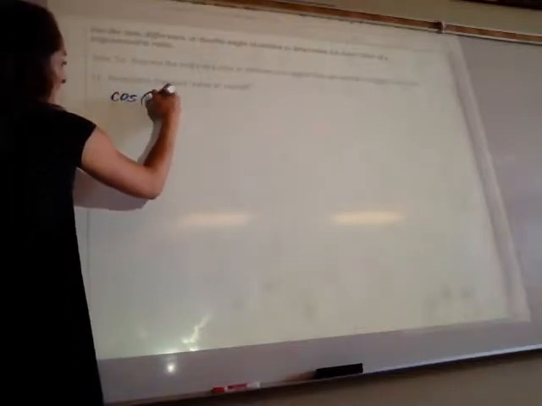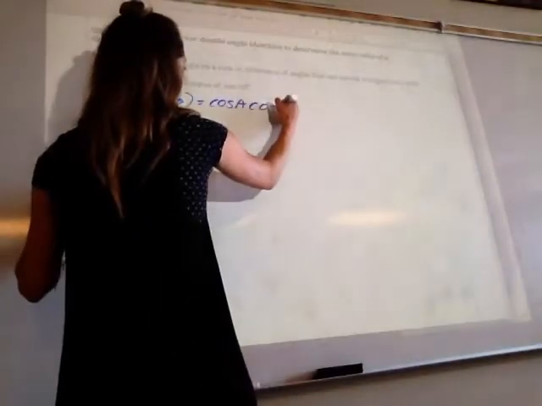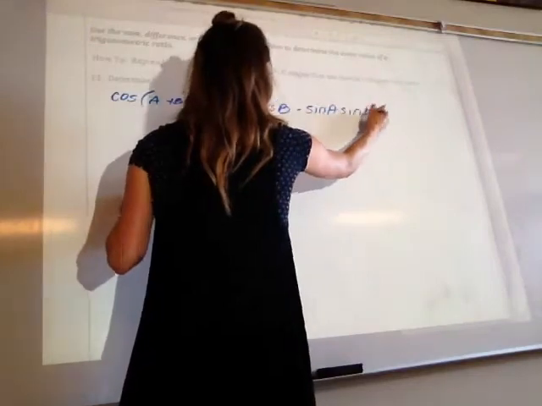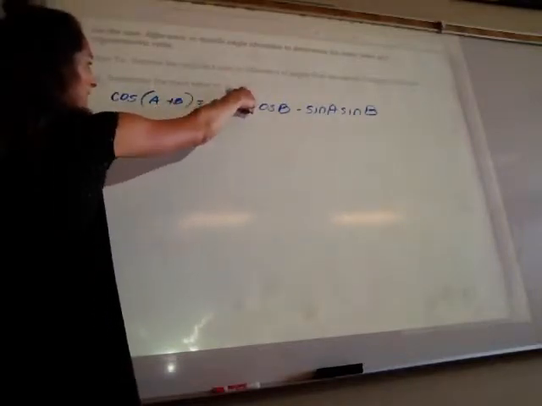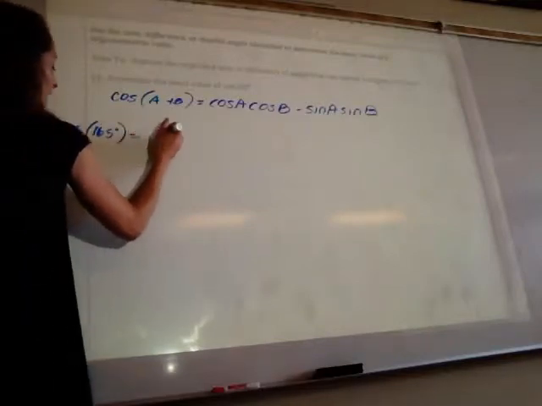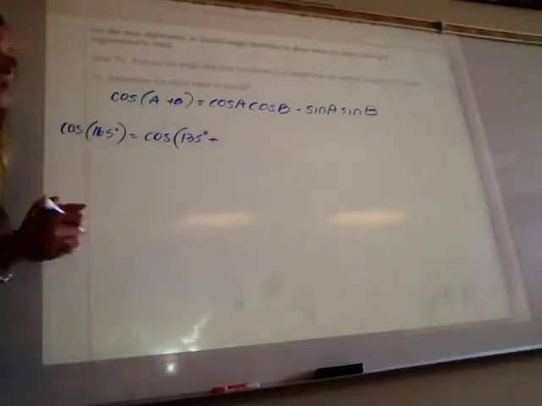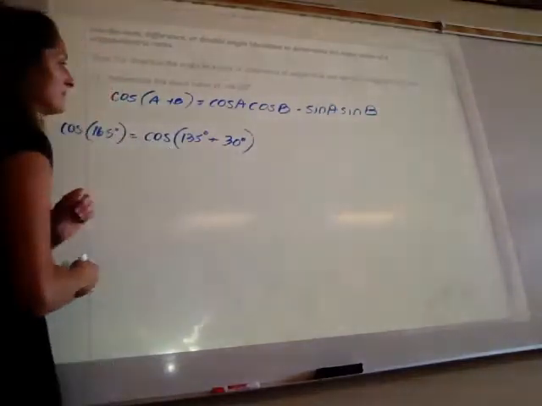So cosine A plus B is equal to cosine A cosine B minus sine A sine B. We need to figure out what is our A plus B to equal 165. So cosine 165, that's actually equal to cosine 135 plus, you always want to choose a special triangle, 30 degrees.